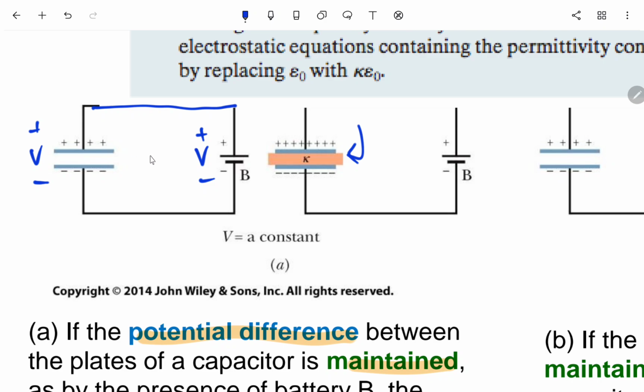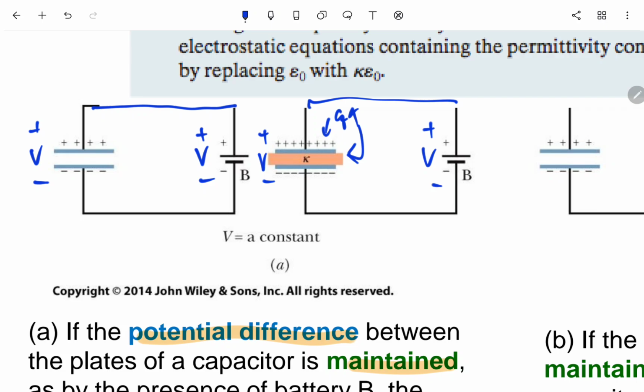Here we just keep the potential difference at V, and in between we put a dielectric into the capacitor. In that case we will see that the charge stored here becomes larger. So here V doesn't change, but Q increases.